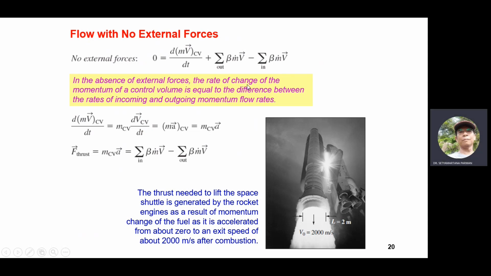So in the absence of external force, the rate of change of the momentum of a control volume is equal to the difference between the rates of incoming and outgoing momentum flow. So we can reorganize this equation, and then we will have this expression.